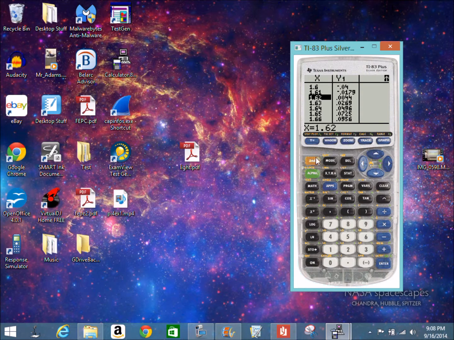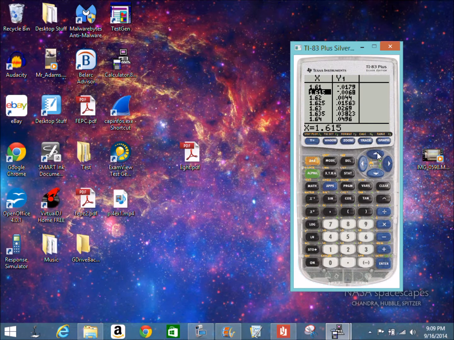So I can fine-tune this even more by coming in and saying 1.61, right? And now I'm going to count by 0.05. Okay? Now I'm really honing in on it, so it's between these two numbers.